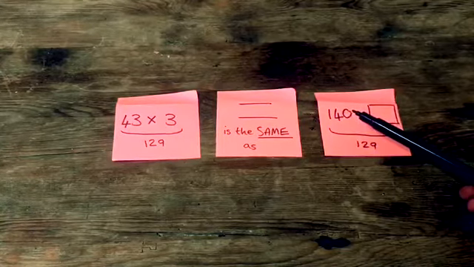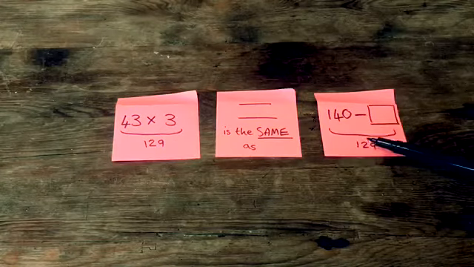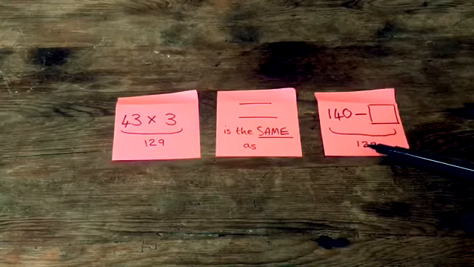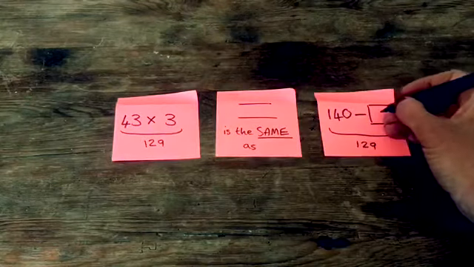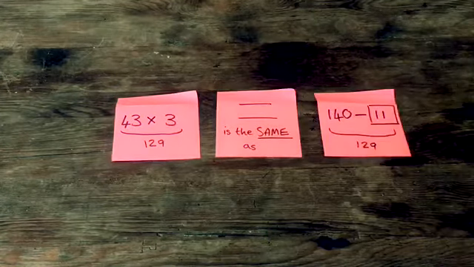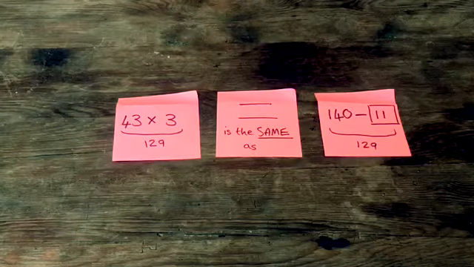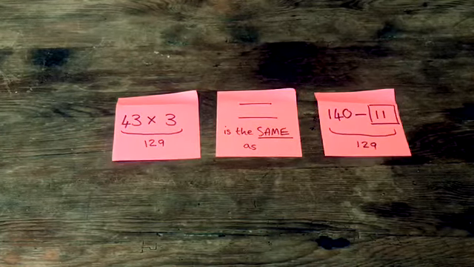If I took 1 away, that would leave me with 139. And then if I took another 10 away, that would leave me with 129. So I took away a 1 and a 10. That was 11. Now both sides are worth 129. I have balanced the equation.